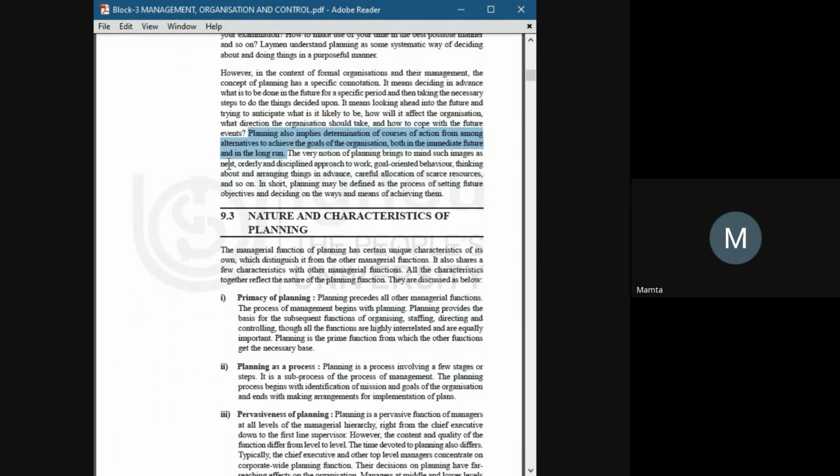To achieve that goal, you will have some short goals, yearly goals. These are the immediate future goals. So to accomplish that, you will do planning, long term and short term, both.